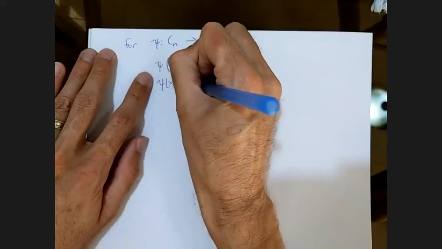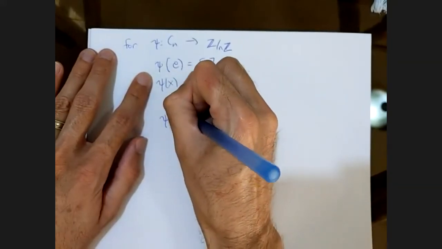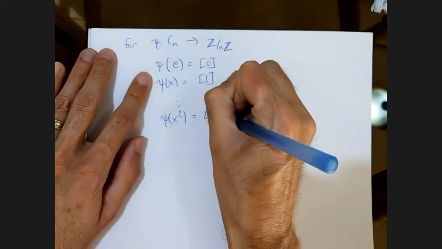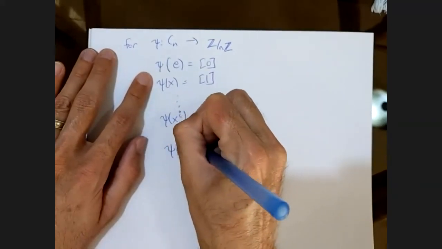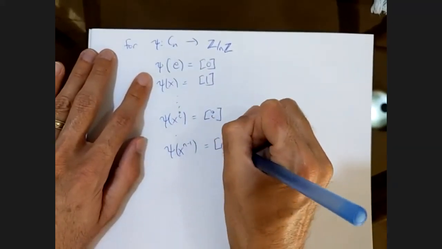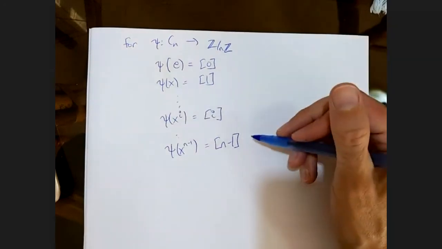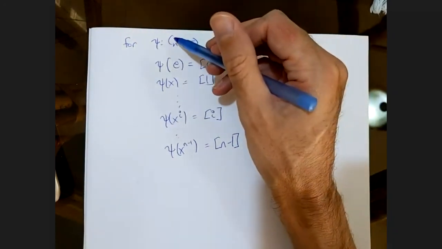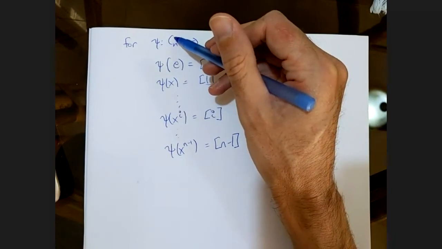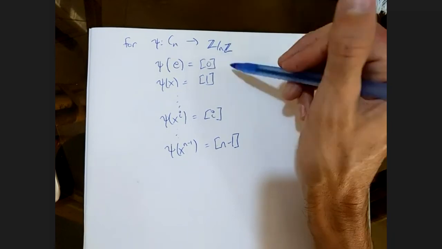Psi of x is 1. Psi of x to the i is just the congruence class of i. In other words, every element of Cn is matched up with one congruence class mod n.